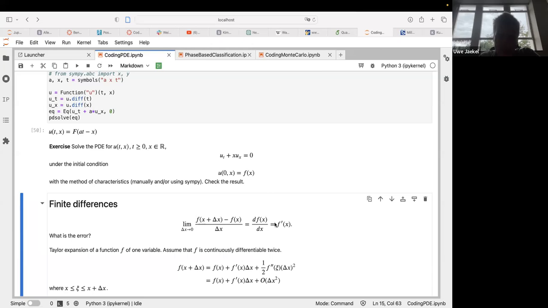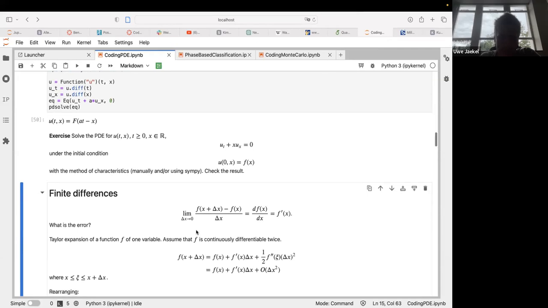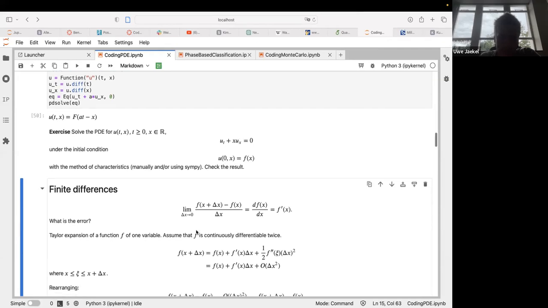Then we can approximate the derivative with respect to x by the difference quotient, for delta x not equal to 0. And what we do is basically, everywhere where we have the derivative, we replace it by this approximation here.